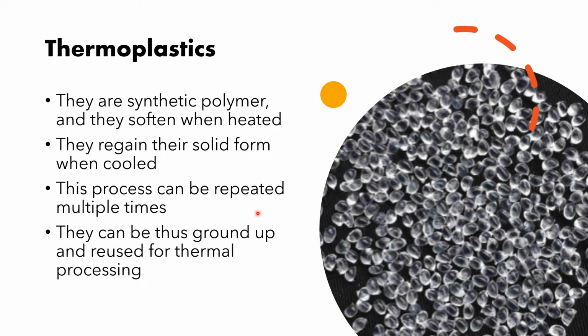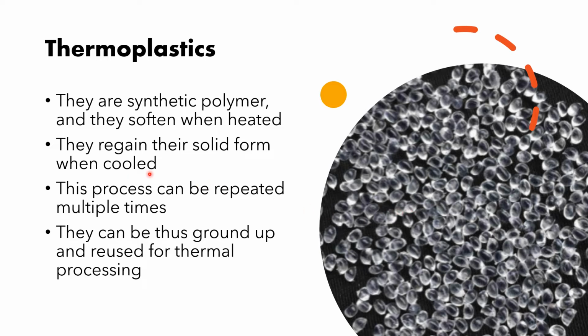So thermoplastics are just synthetic polymers. We make them in the lab, and they soften when you heat them. They're not very heat tolerant polymers. Of course, some of them can tolerate heat to a certain temperature, but most plastics can't, and they regain their solid form when cooled.